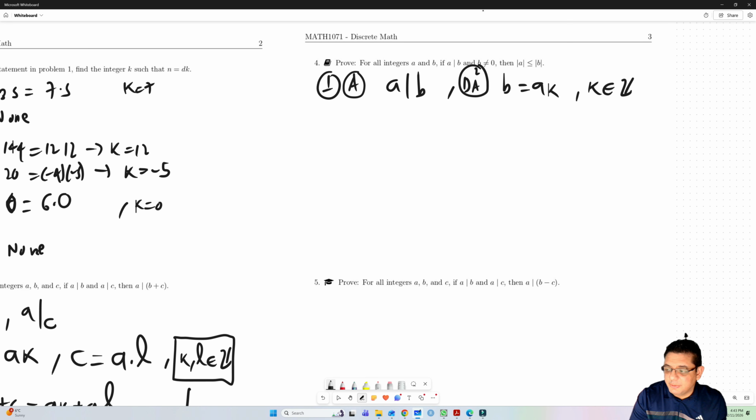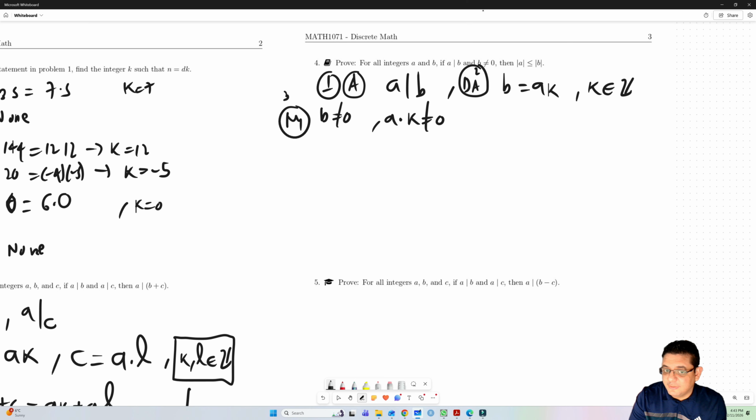Since here we're saying B is different from 0, then A times K is going to be different from 0. So this is going to be my step 3, manipulation.